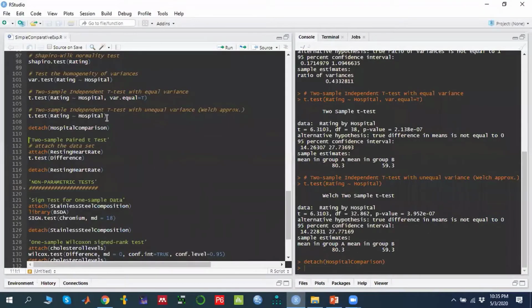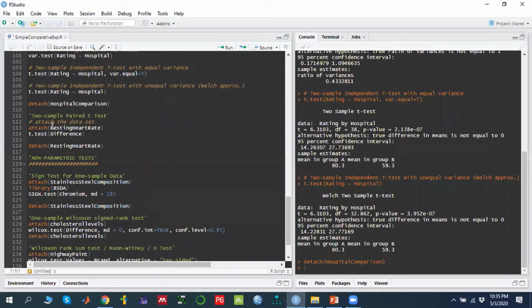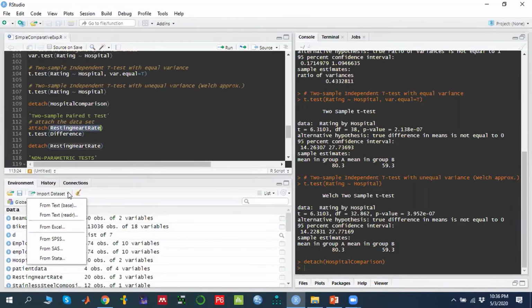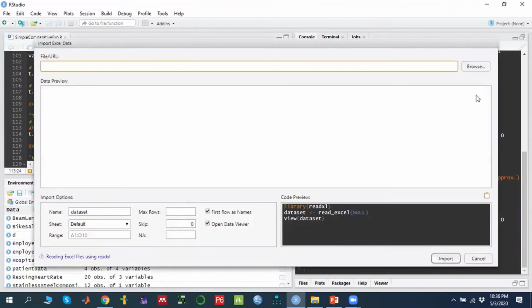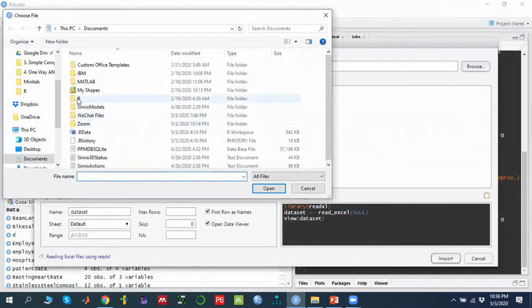Okay, so in order to do that, first of all, I need to import the data set, that is the resting heart rate, which I have put in Excel format.